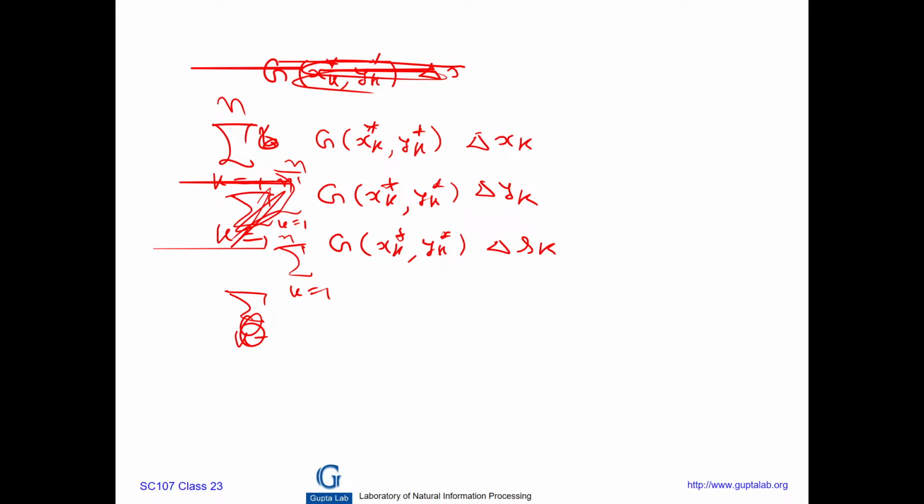So now when we take the limit as the largest subinterval goes towards 0, the length of P goes towards 0, we will get something, and that's what I am going to define now.